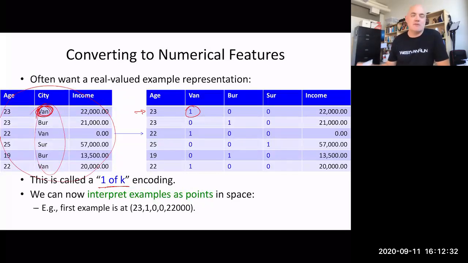For most models it doesn't really matter at all, because, as you'll see later on, one of the most common things is to use a linear layer or a linear model in which you have a parameter per feature dimension, in which case if this is 2, then you would just scale the parameter value down by half and you would have the exact same model. So you can use whatever values there you want to. The k in 1 of k means k distinct or unique values. Yeah, basically.